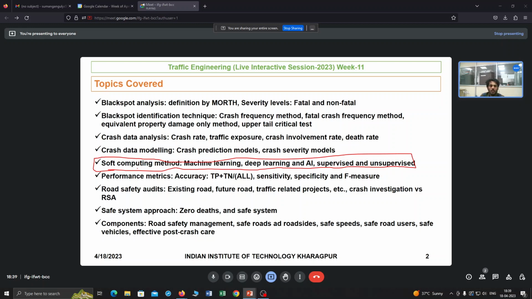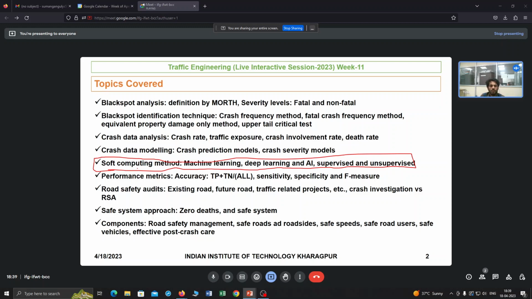They are saying that human error is inevitable, humans are prone to errors, right? But that error should not lead to fatalities. Although humans make mistakes, there is always room for improvement. Minor injury may be acceptable, but death is not acceptable. So the aim is zero deaths.